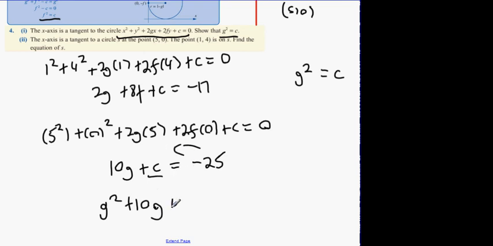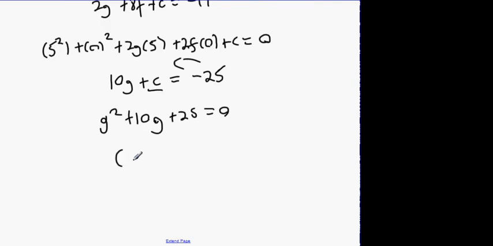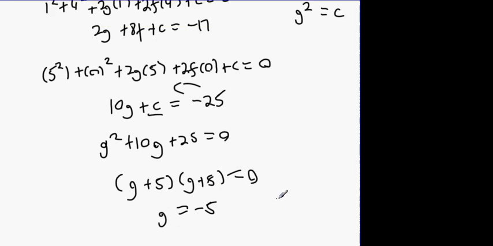That gives g plus 5 multiplied by g plus 5 equals 0. g equals minus 5. c therefore is minus 5 squared, which is 25.